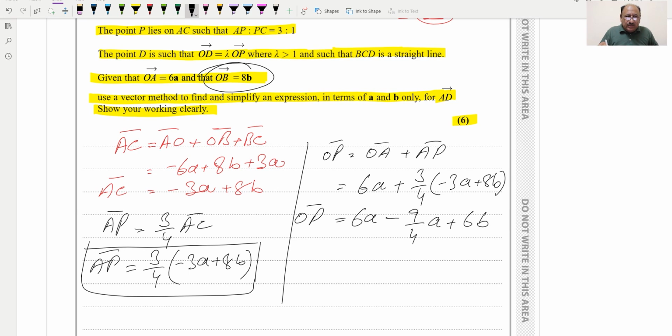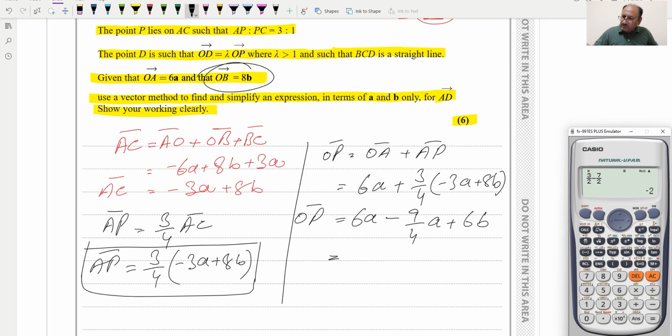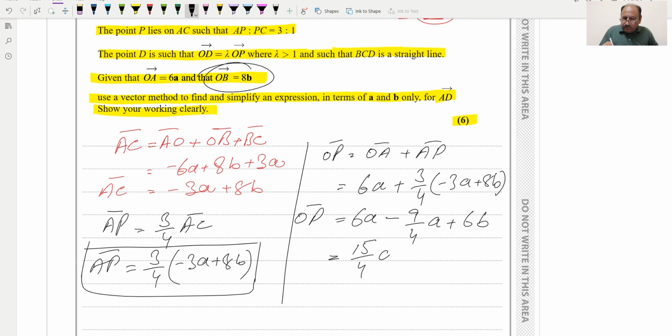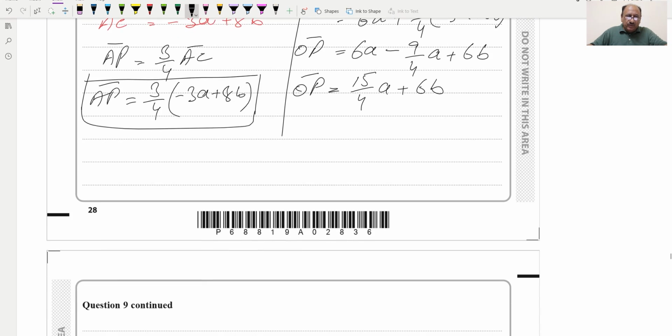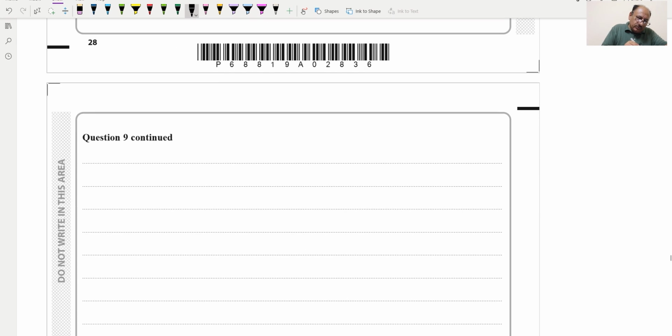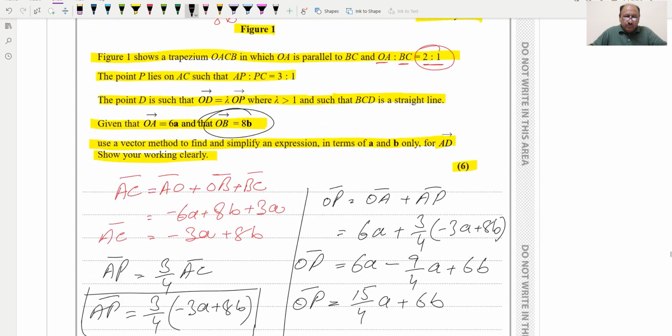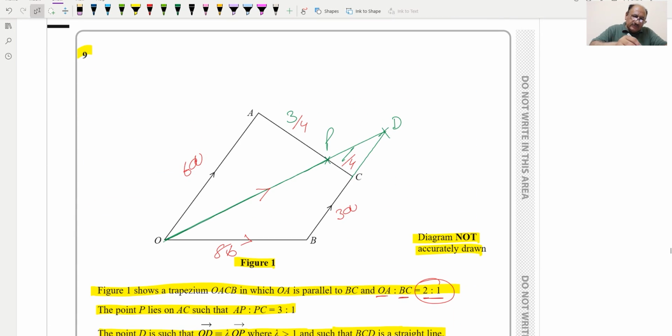And now we can rewrite this, we can simplify 6 minus 9 over 4, and this will be equal to 15/4. So 15/4a plus 6b, we got this OP value also. Now OD is equal to, OD is this complete length, and this will be lambda OP.